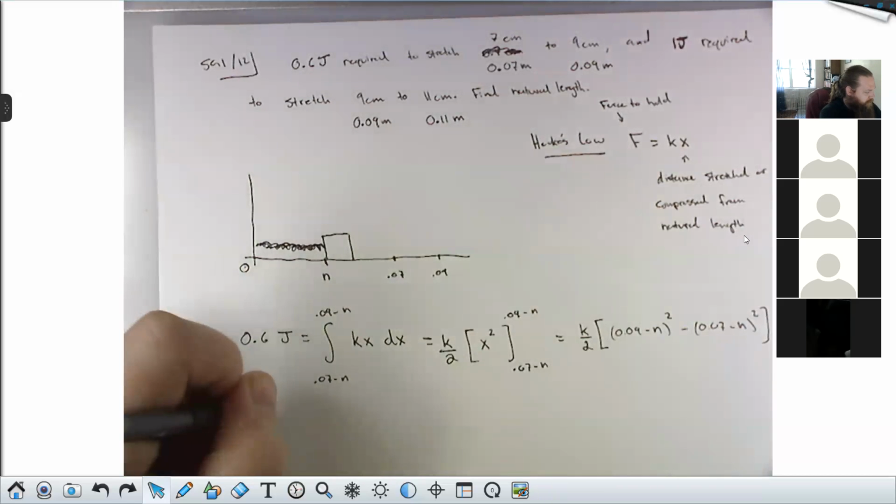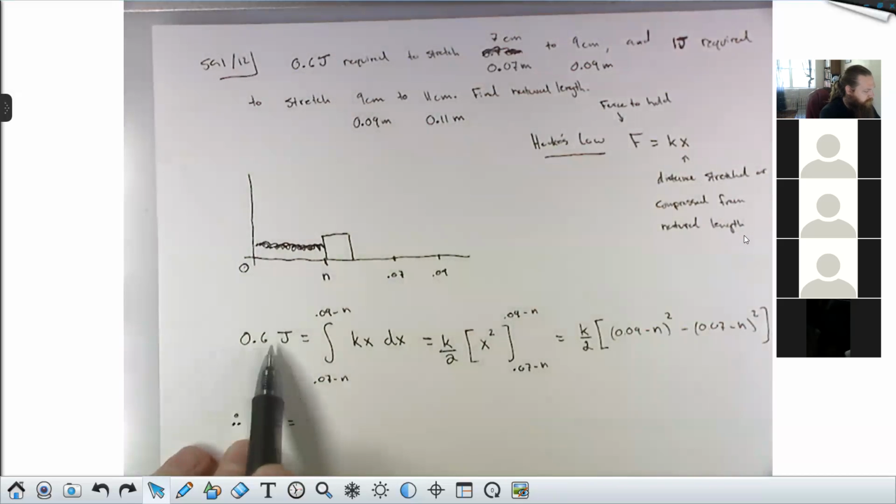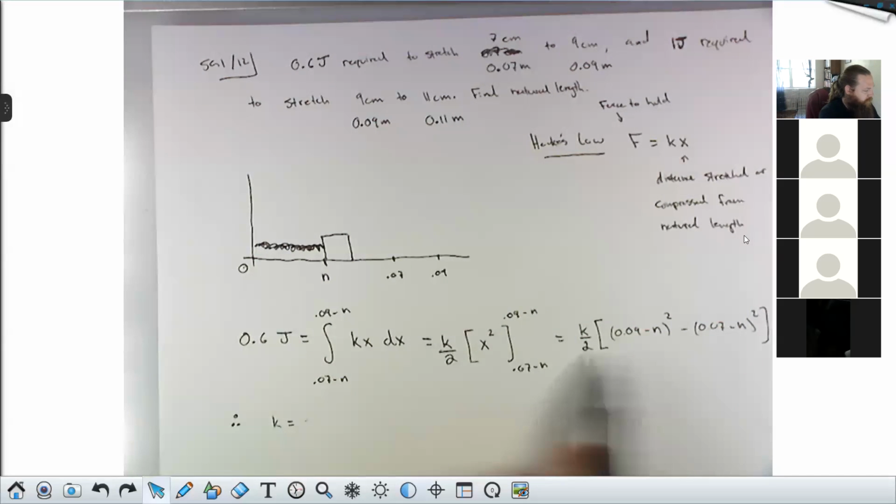So k is equal to 0.6 times 2 divided by this.